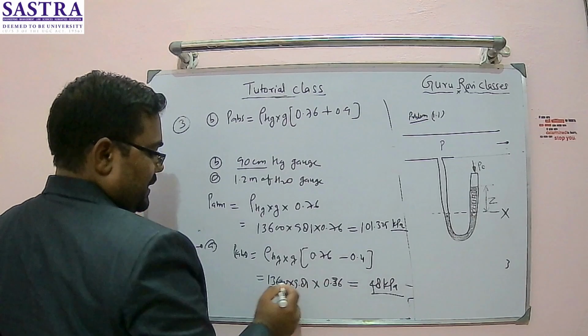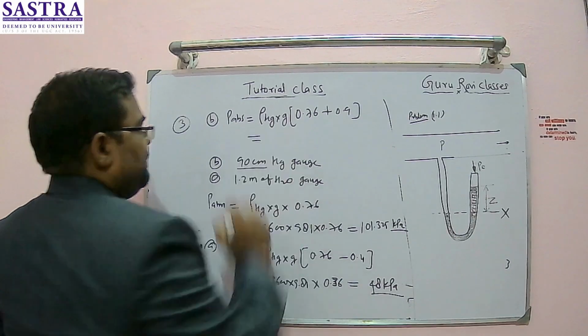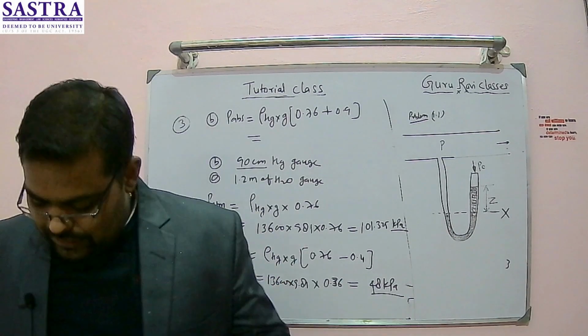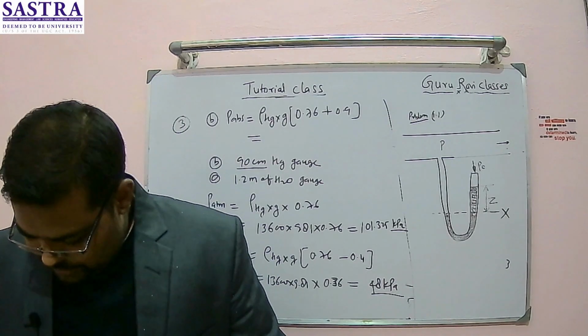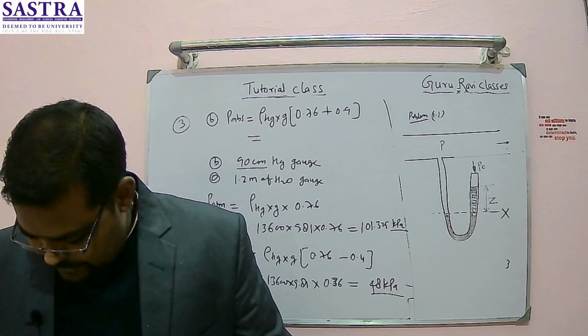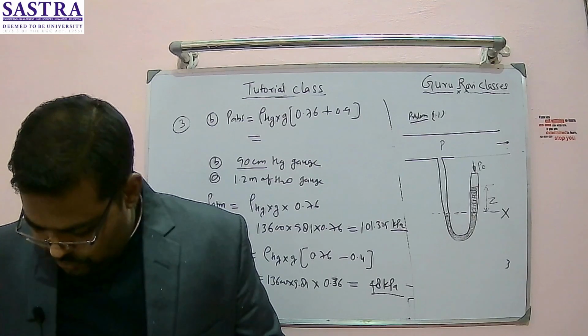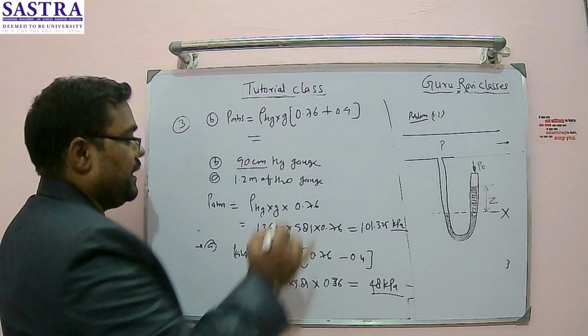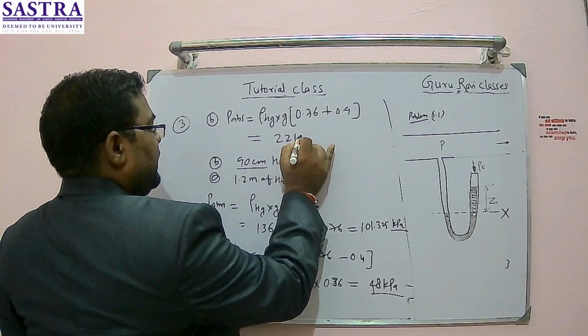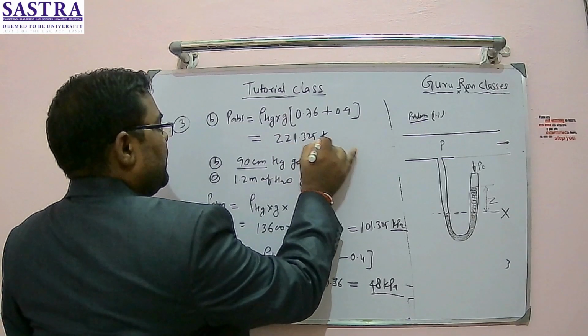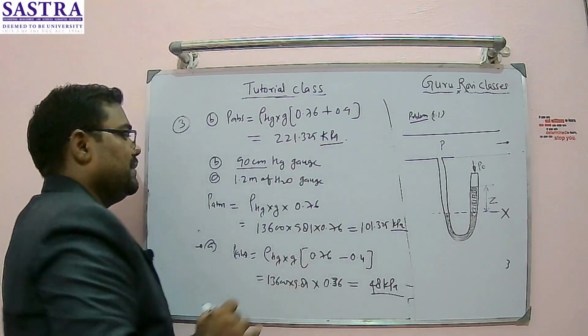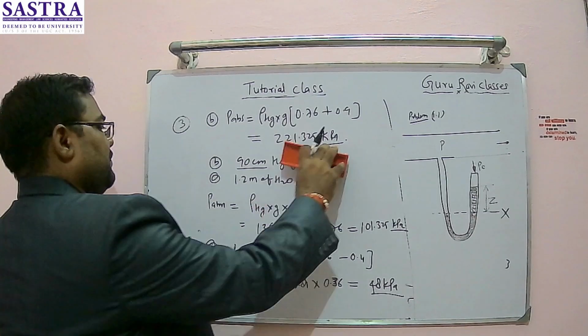So substitute these values again. You can get the P absolute in part B as well, which is coming around 221.325 kilopascal. This is the answer for the second part, that's 90 centimeter of Hg.